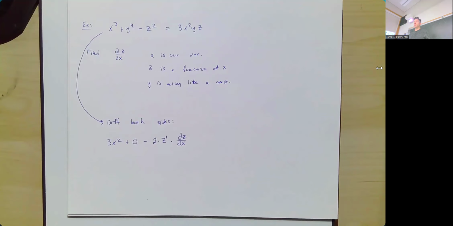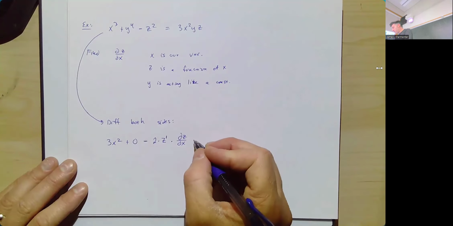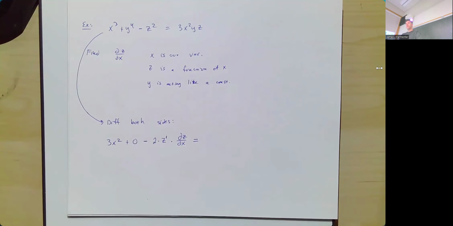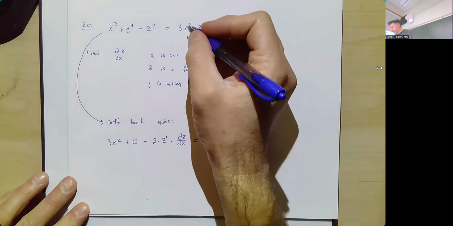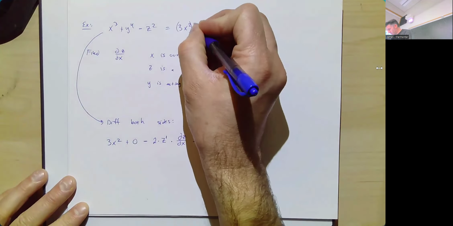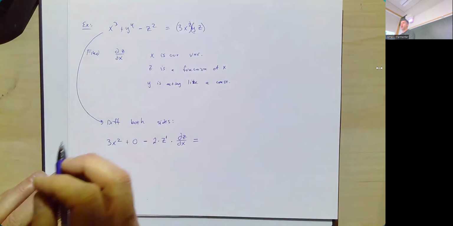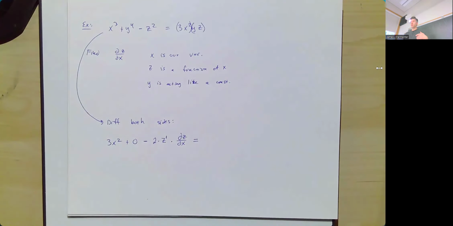Just like when we were doing implicit in 17a. When you did the derivative of y squared, you got 2 times y to the first times the derivative of y. On the right-hand side, it's even grosser because we have 3x squared times yz. We have to use the product rule because we have a product of 2 variables.